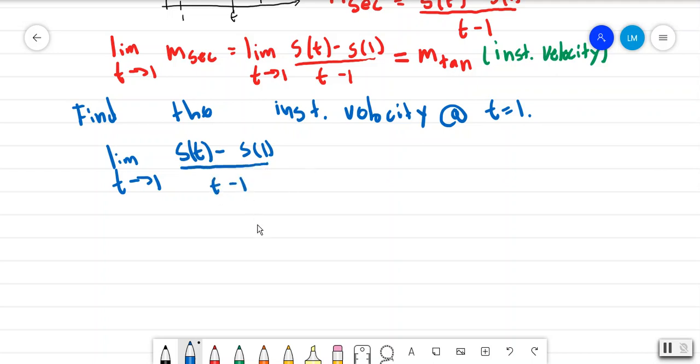I would be naturally inclined to say, why don't you just plug in 1 for t and be done with it? But there's an issue: you get 0 over 0, which is indeterminate.